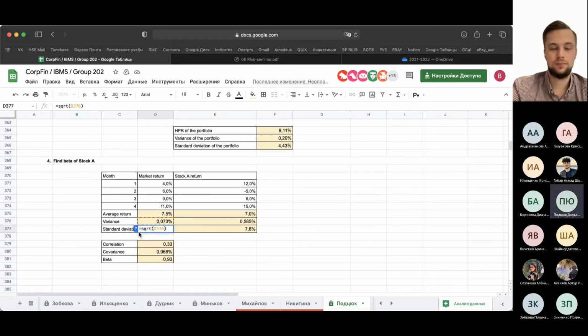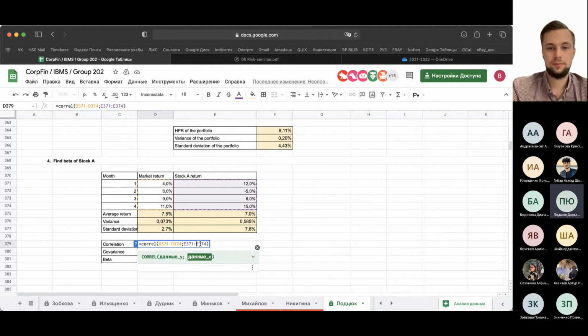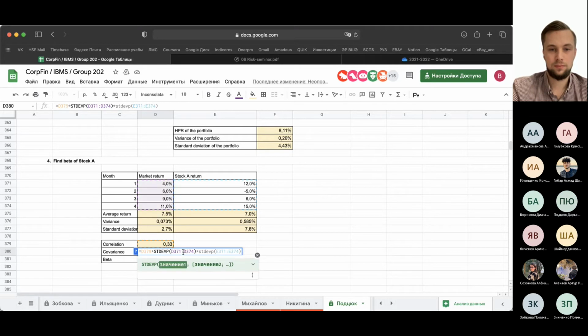The next step was to find correlation by using CORREL, and put in market and stock A. The next step was to find covariance, which is counted by multiplying correlation and standard deviation for the market and for stock A.